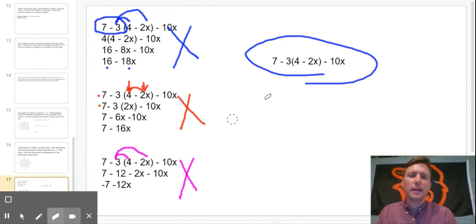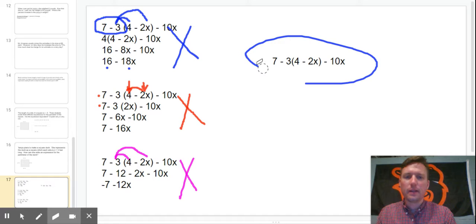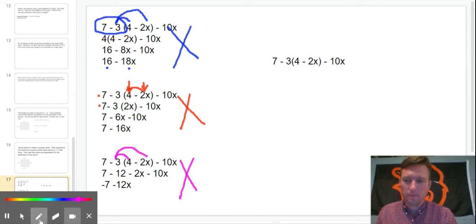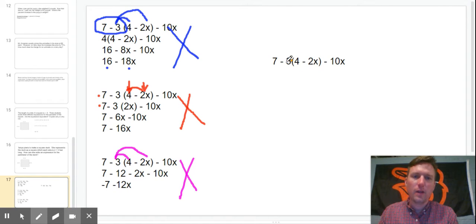All right, so let's see over here if we can simplify our expression correctly. Okay, so the first thing that I want to do, and we talked about this before, is we want to take care of this parentheses. We do that by using the distributive property of multiplication.